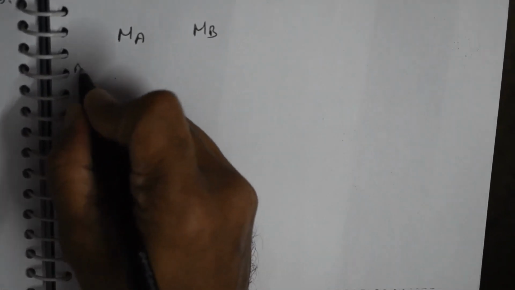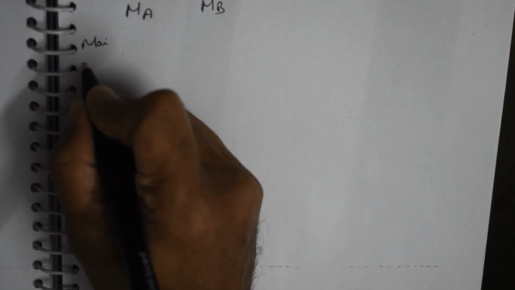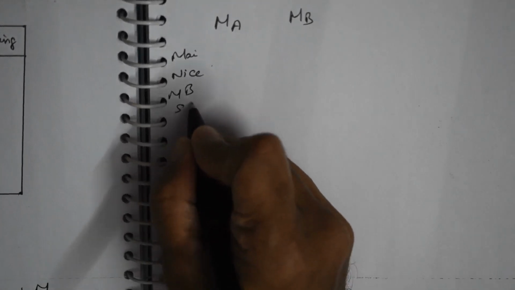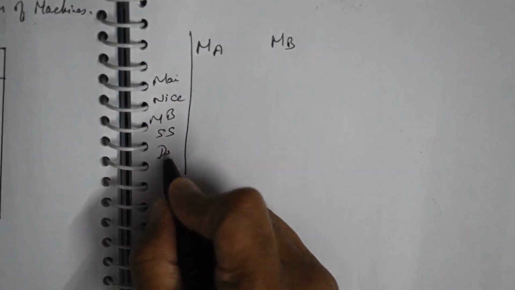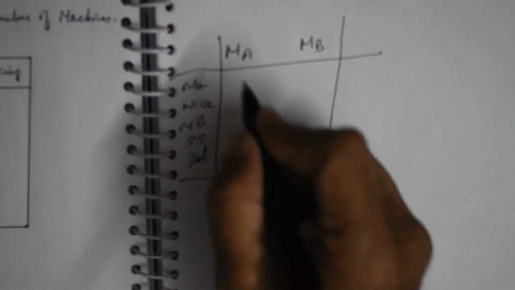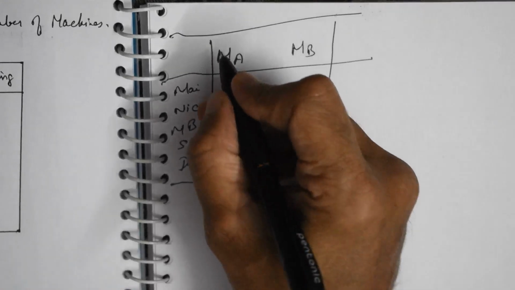For the time being, I am going to call them machine A and machine B. Let us take the jobs: Mari, Nice, Milk Bikis, Salt and Sweet, and Dollar. Take these jobs.